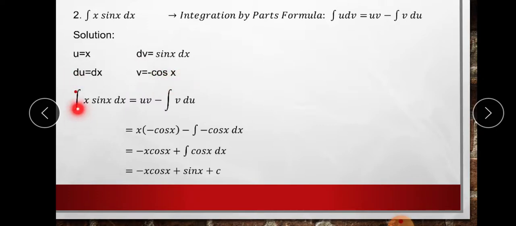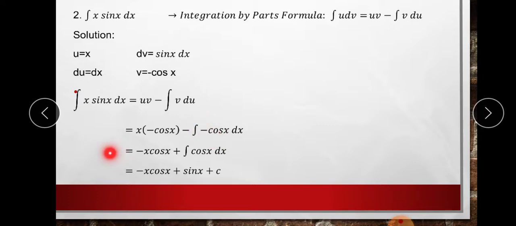So next, by using the integration by parts formula, we have the integral of x sine x dx equals uv minus the integral of v du. By substitution, u is x times negative cosine x, because v is equal to negative cosine x, minus the integral of negative cosine x dx, because du is dx and negative cosine x is v.